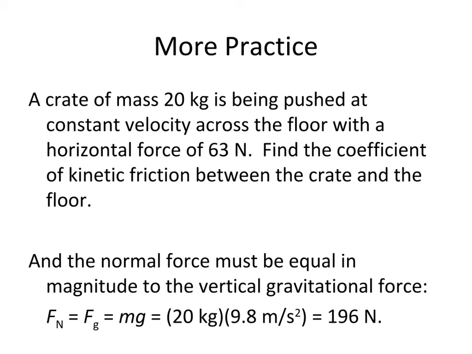The normal force has to be equal in magnitude to the vertical gravitational force, again because there's no acceleration in the vertical direction. So if there's no acceleration in the vertical direction, then the net force in the y direction has to be 0.